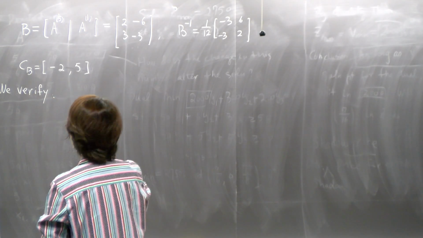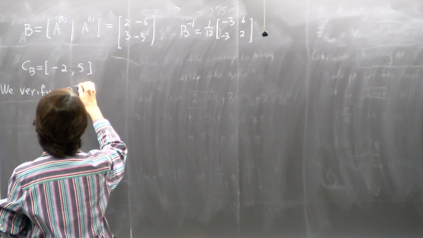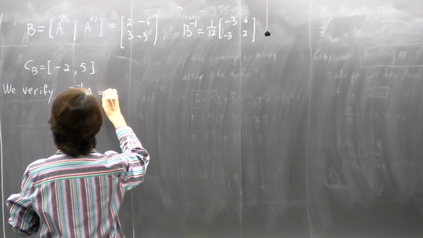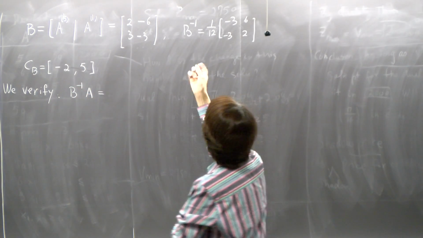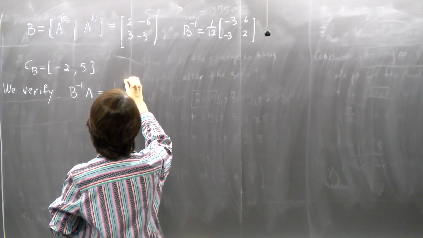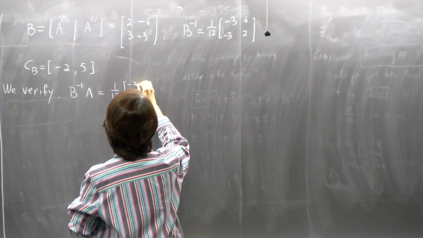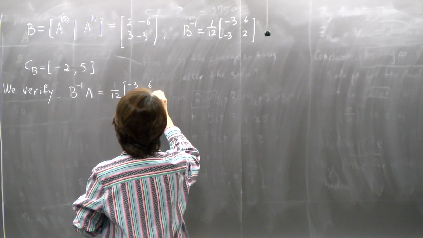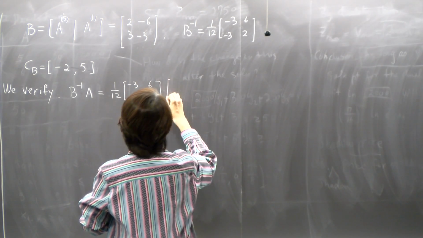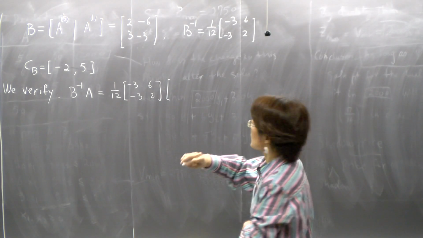So let's compute B inverse times A. What will I get? Well, B inverse is given, 1 over 12 and -3, 6, -3, 2, and multiply by the A matrix, which is just there.